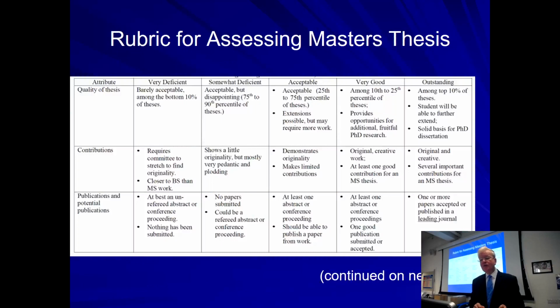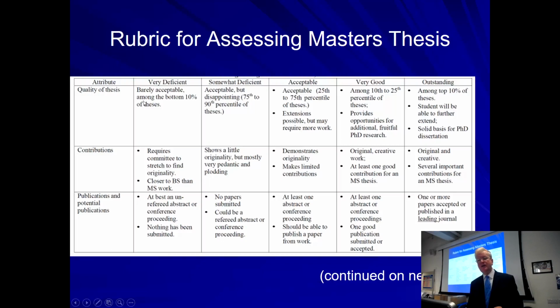A rubric for assessing a master's thesis. This would be helpful for those of you who have to write reports, and as you go through the master's thesis, you could mark up various items on the rubric before finalising your report.